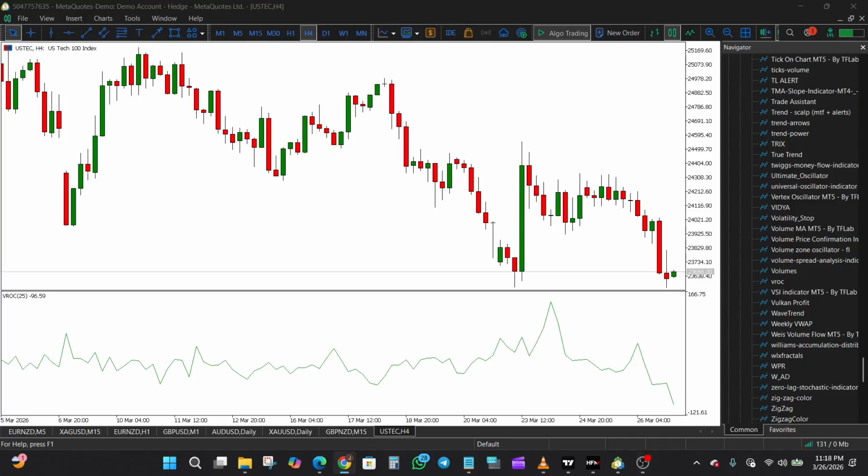You can see that this indicator does not draw buy or sell signals on your chart, so it is recommended to use it as a confluence to confirm or anticipate what the market might do at a critical level.